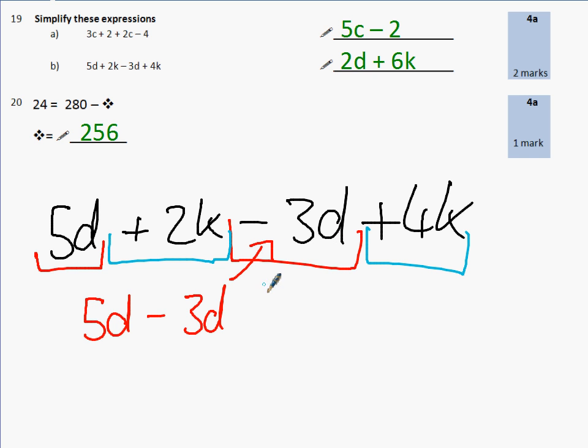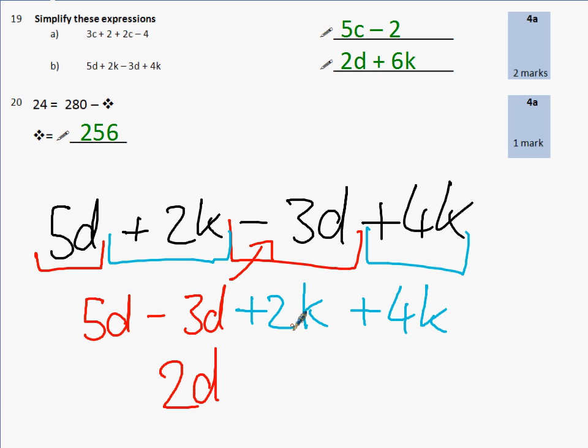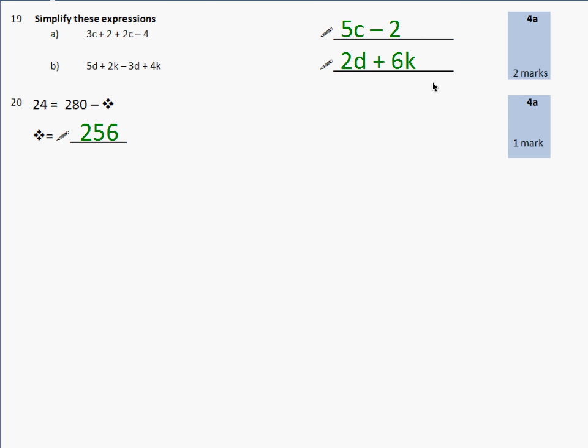Add 2k. Add 4k. What have you got? You've got 2d, and adding 2 and then adding 4 is the same as adding 6. So you're adding 6k. Right, that's that done as well.